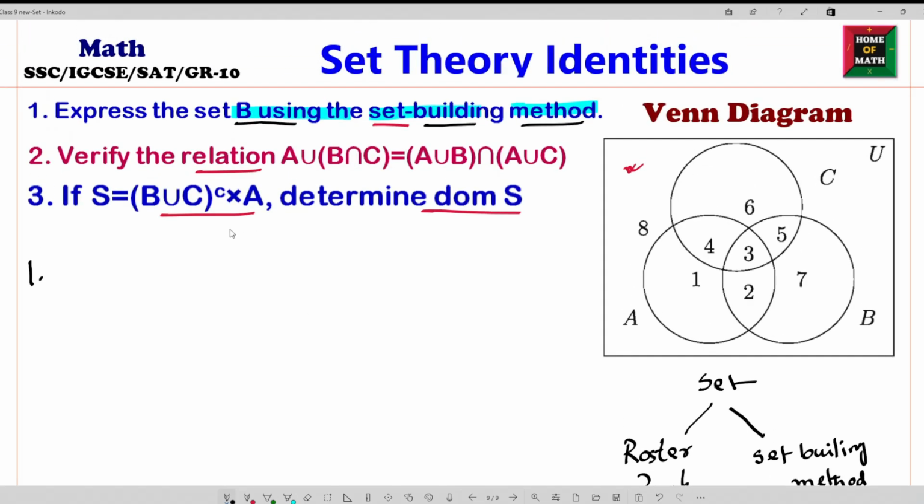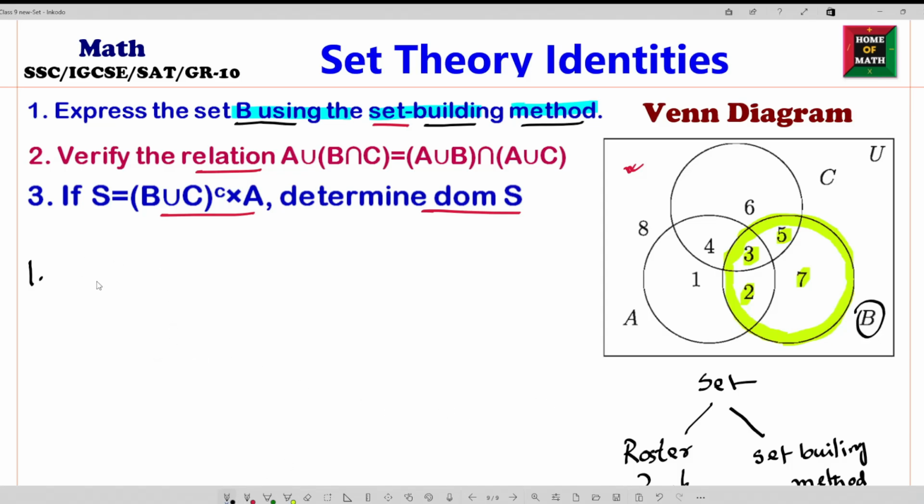Now look, from where we will find out the value or elements of set B. Here is a diagram. From here we will find out B. Look, here is the circle which indicates 2, 7, 3, 5 are elements of set B, right?